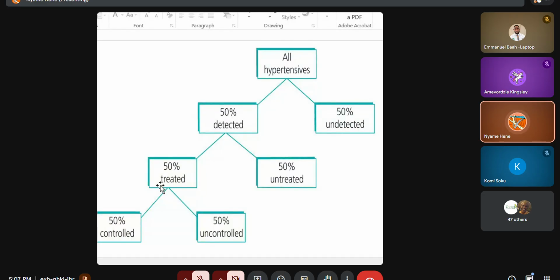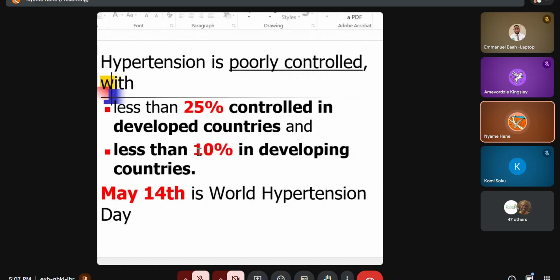Out of those treated, half are controlled, half are uncontrolled. That is why we need to learn about it. In developed countries, less than 25% are controlled, and in our setting, less than 10% are controlled.